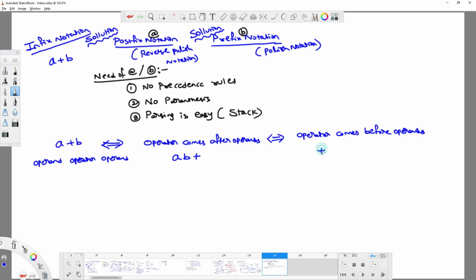Which means: + A B. Sir, if I have a large expression, how are we going to write infix, prefix and postfix notation? All those things we'll see in the next video. But as of now, understand that in postfix notation the operator comes after the operands, and in prefix notation the operator comes before the operands. Okay, fine guys, we'll continue the same concept in the next video. Thank you.